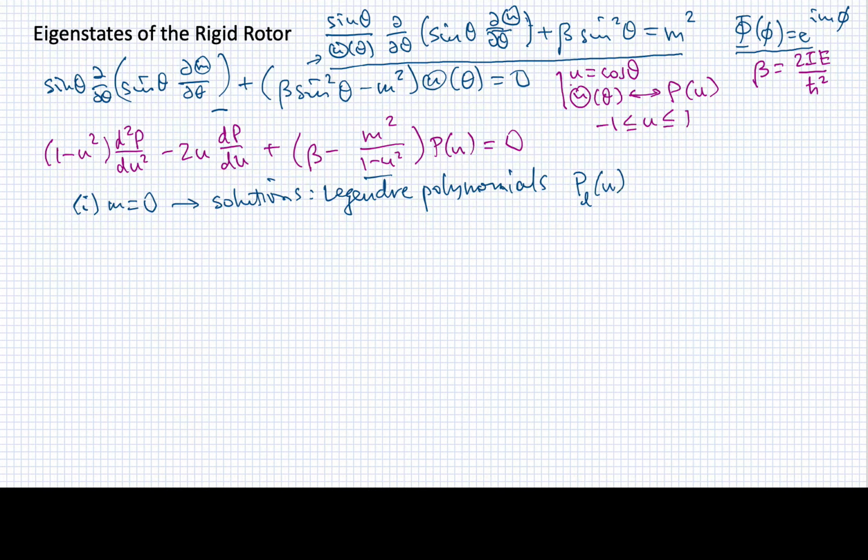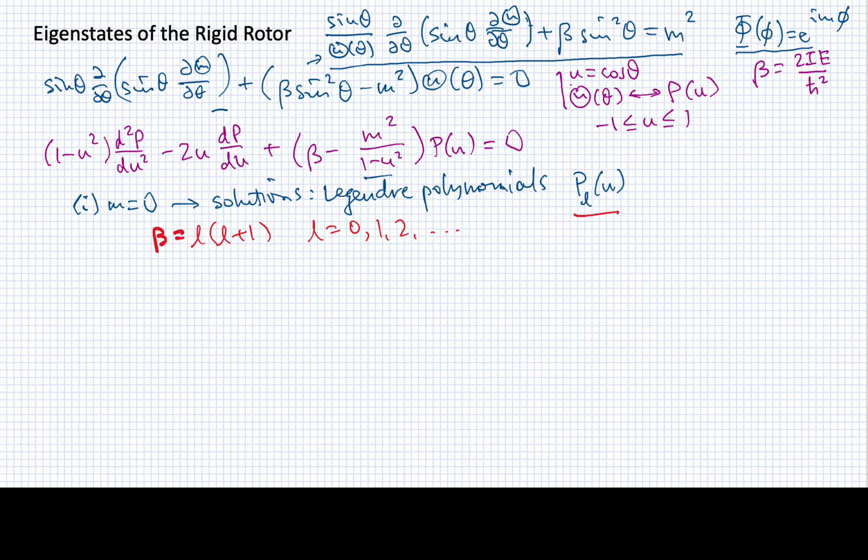Now the L, it turns out, is related to beta, and it turns out that the solutions under this case involve values of beta that must be equal to L times L plus 1, where L is equal to 0, 1, 2, and so forth, all of the non-negative integers. All right, so these would be the solutions for this differential equation.